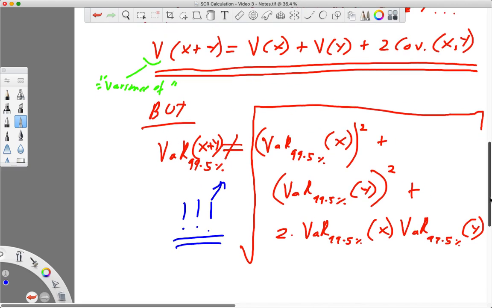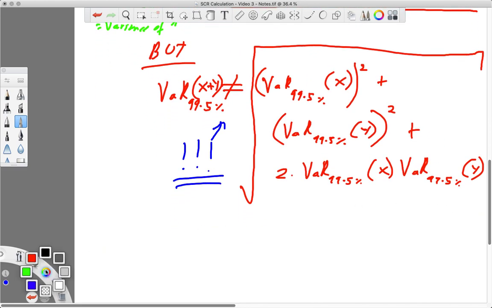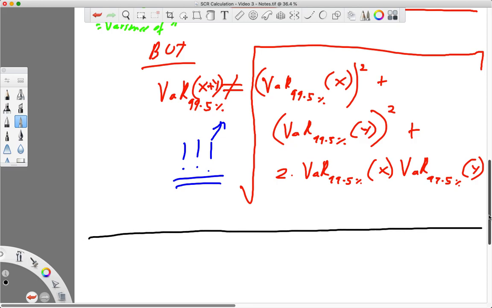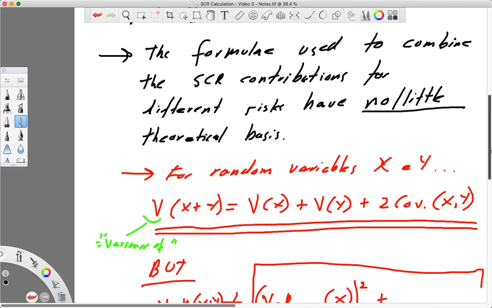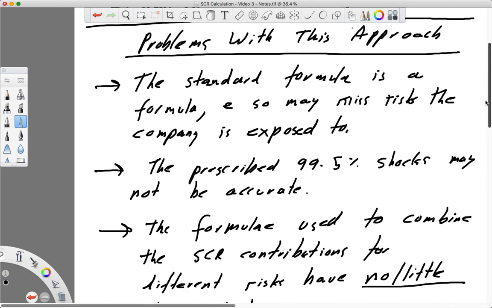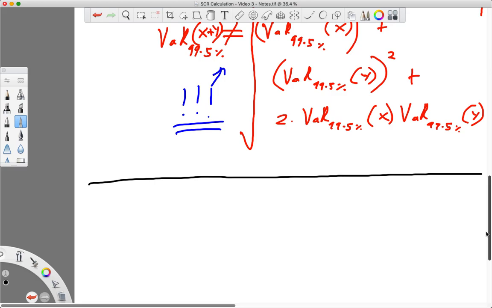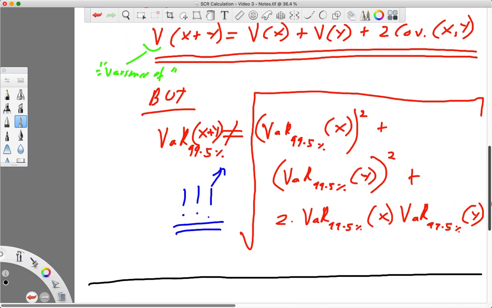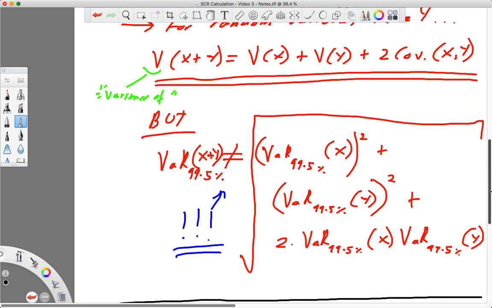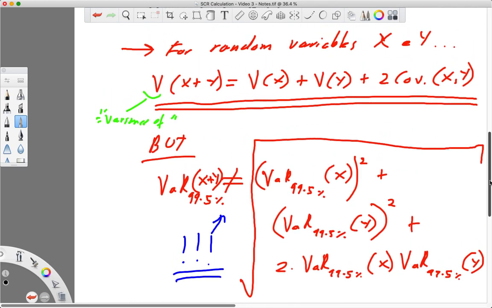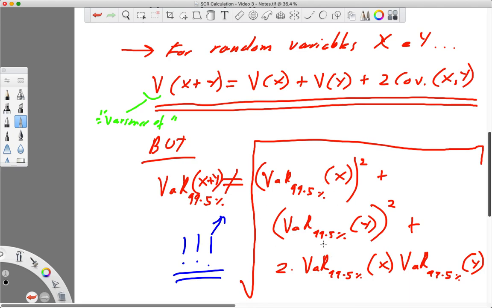Now, the counter argument to this is, well, what else would you do? You're trying to come up with a standard formula. You're trying to combine all of these risks in some sense. You need some way of doing that all of the different insurance companies can follow. You need it to be as simple as possible. So if you like, this is a simplification that we choose to use. And in some sense, it behaves how you would want it to behave.